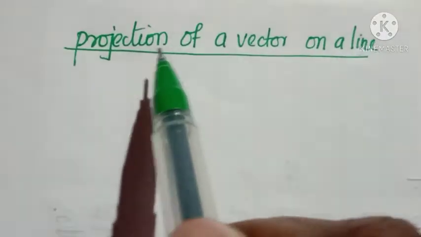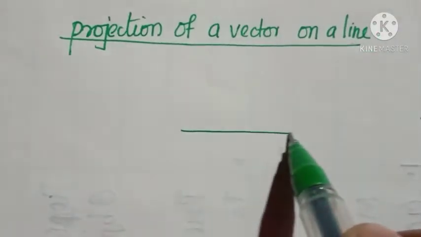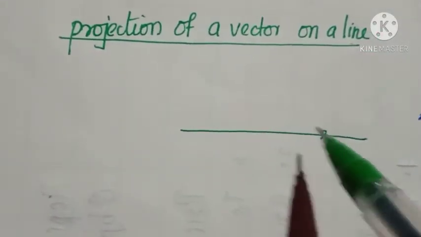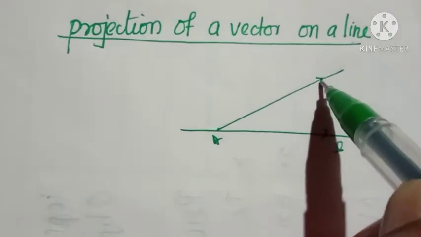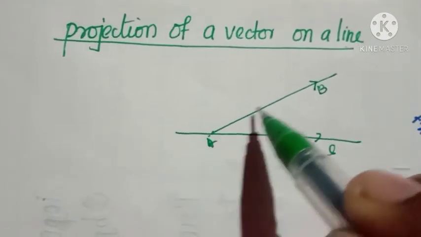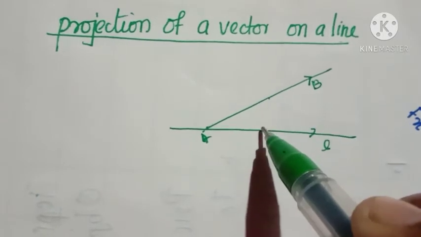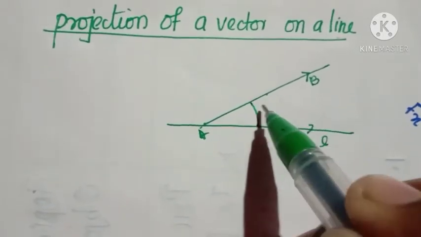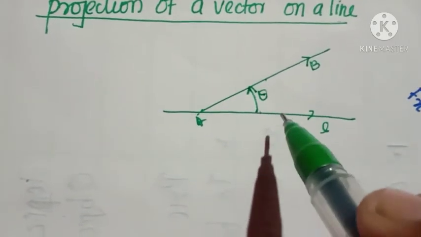Now listen, projection of a vector on a line. Suppose there is a directed line L and there is a vector AB. We can define the projection of vector AB as follows: this vector AB makes an angle theta with the directed line in the anti-clockwise direction.